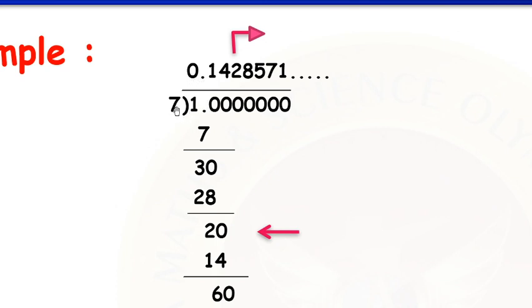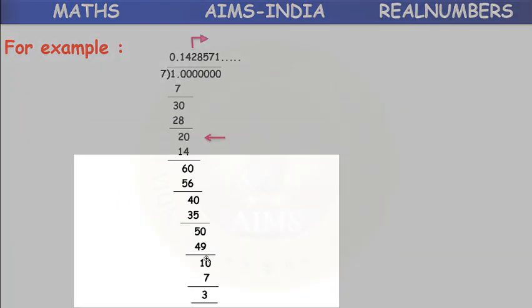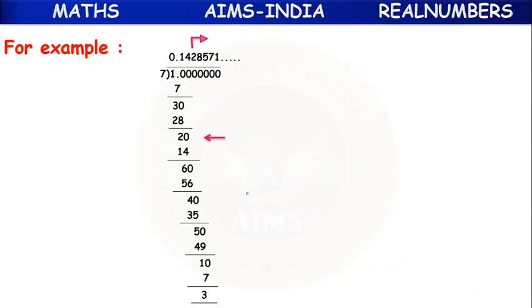So it will become 10. 7 1 times 7. 3 is remaining, 30. 7 4 times 28. 2 is remaining, 20. 7 2 times 14. 6 is remaining, 60. 7 8 times 56. 4 is remaining, 40. 7 5 times 35. Like that we are having the division process of 1 by 7.